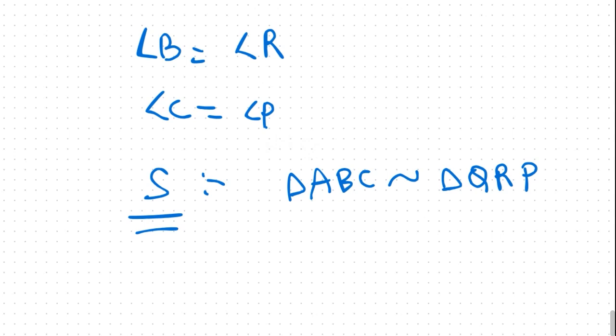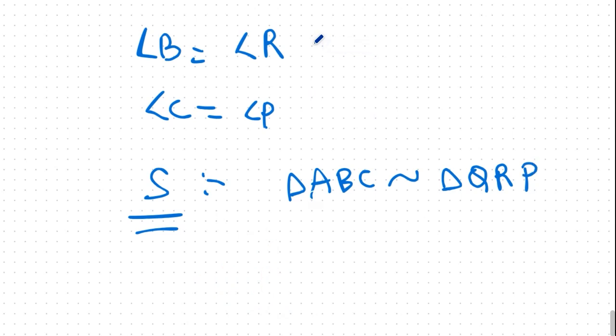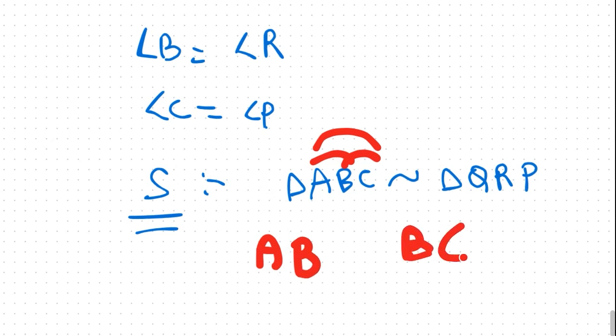In the previous case, angles are given, and there is a criterion, the AA criterion. But for sides, it is a bit different. Let's say two triangles are similar like this. Let's consider the left one. The sides are AB, BC and AC, right?